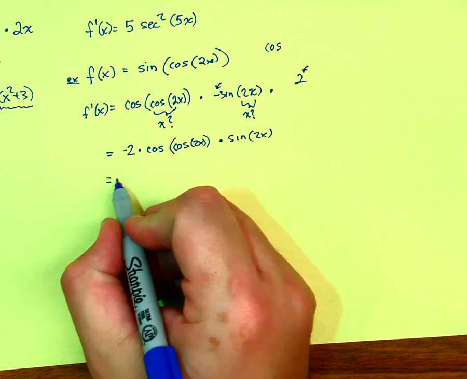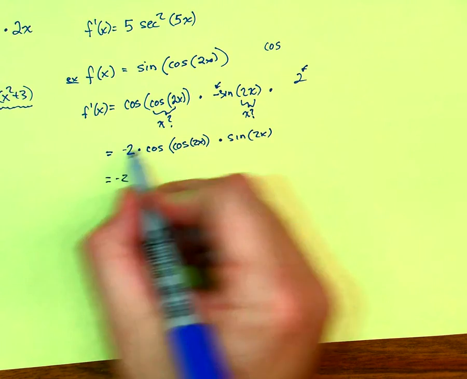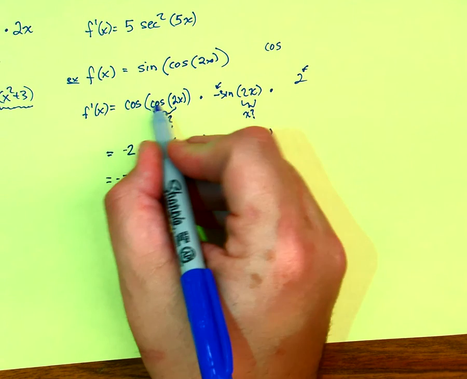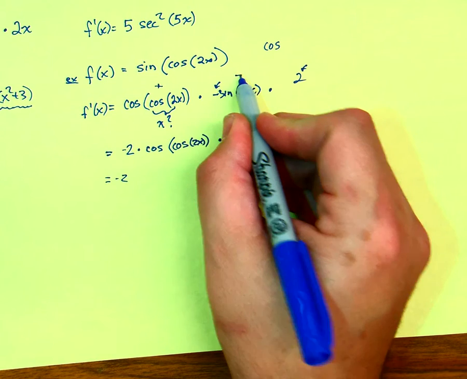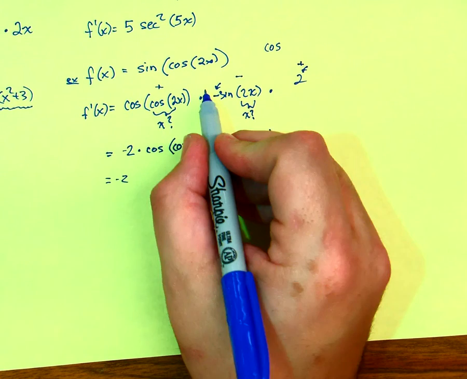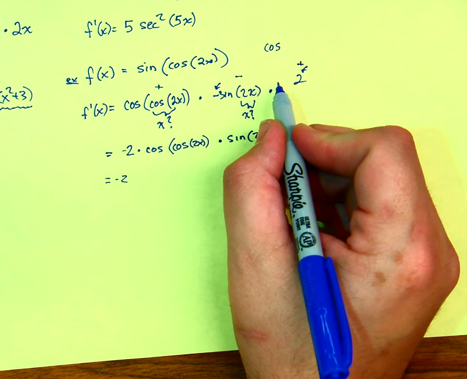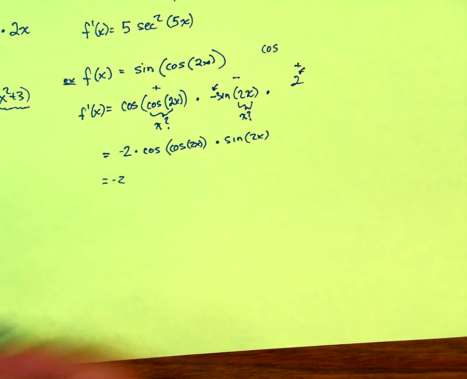This answer's positive. This factor's positive. That one's negative. This one's positive. So if I multiply positive times negative, I get a negative, times a positive, it's a negative. So I put the negative out front, just to clean it up, to make it more purty. I used to do this all the time. I was a parentheses abuser.